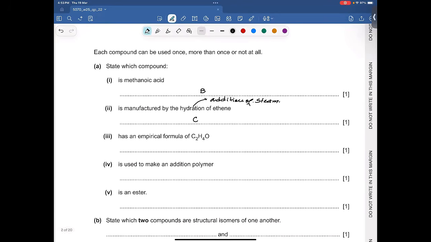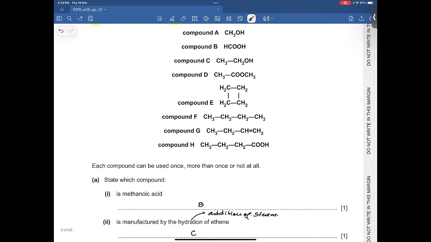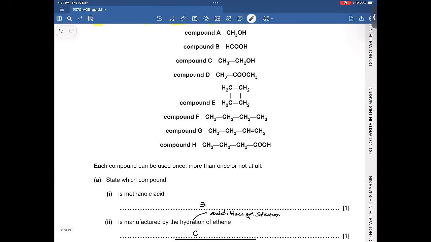Has an empirical formula C2H4O. So first of all, take out the molecular formula of compound H. We have 4 carbon atoms.